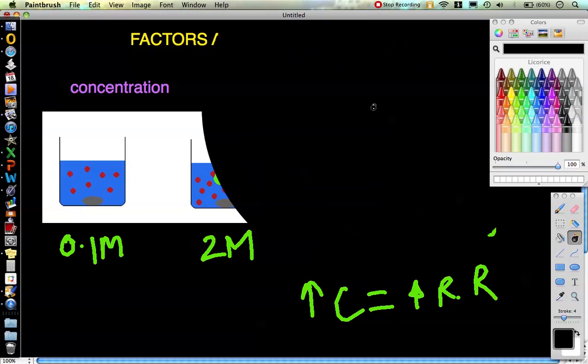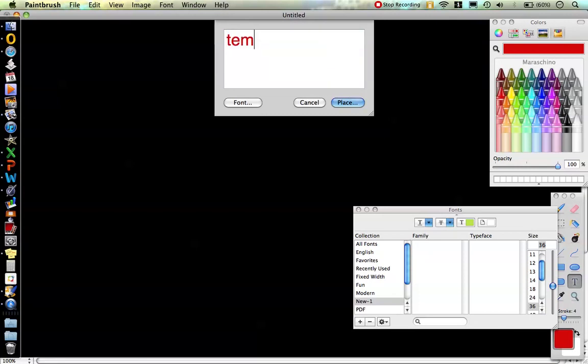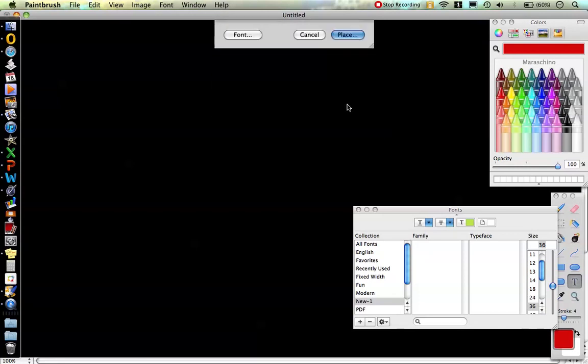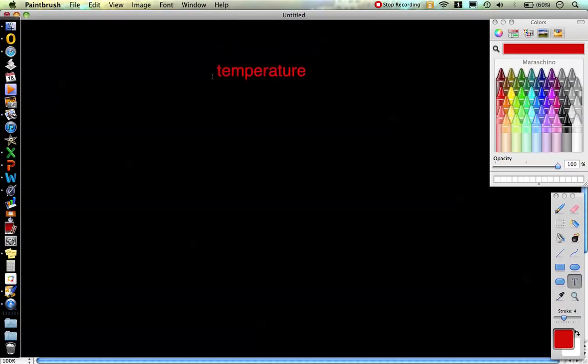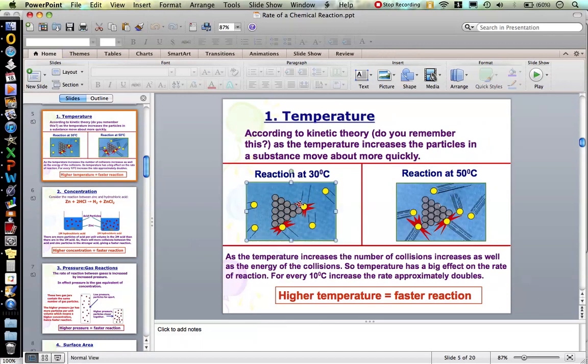The second one is going to be temperature. So if you increase the temperature in which a reaction is taking place, then you will usually increase the rate of reaction.